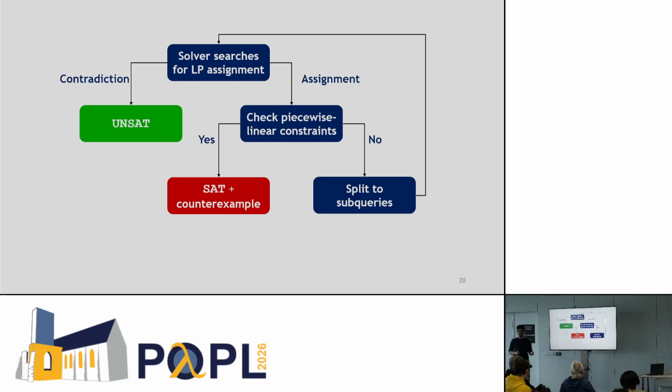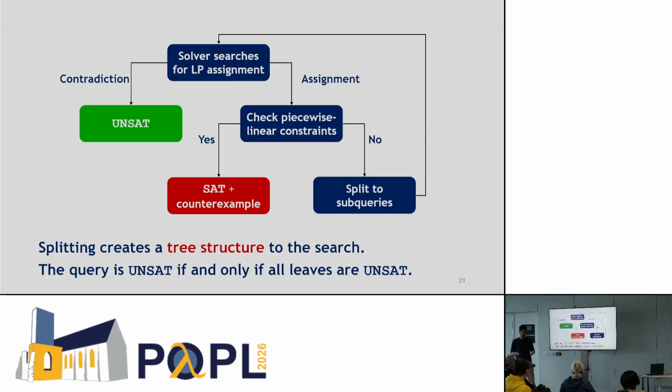Each piece has its own query with additional linear information, and then we can repeat the process again and again. That induces a tree structure to the search. We call it the search tree. And note that the query is unsatisfiable if and only if, for each subquery that we tried, we got unsatisfiability, because otherwise we would find a satisfying assignment at some point.